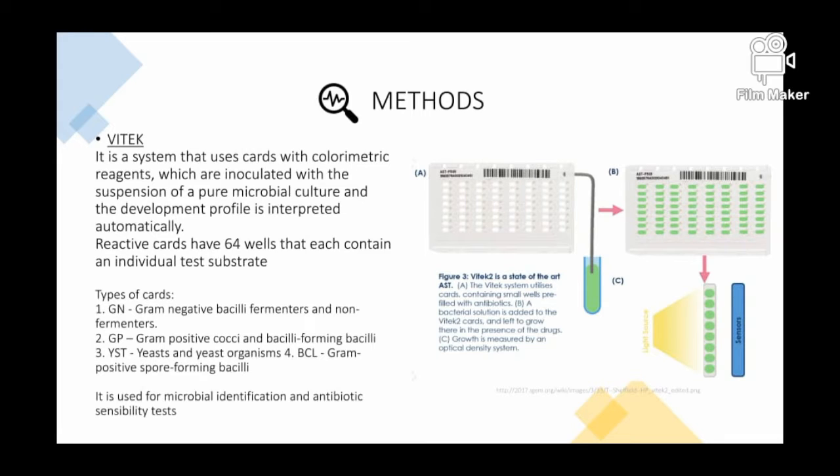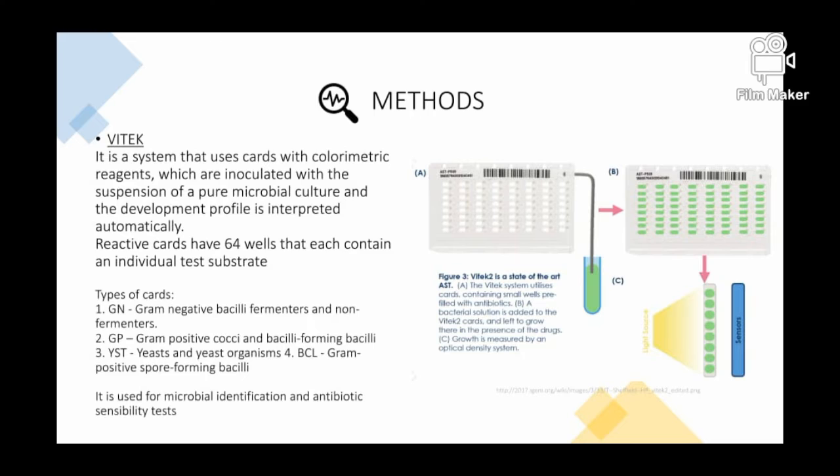With these substrates there are several metabolic activities such as acidification, alkalinization, enzymatic hydrolysis, and development in the presence of inhibitory substances. These cards have barcodes that contain information on the type of product, lot number, expiration date, and a unique identifier that can be linked to the sample either before or after the card is loaded into the system.